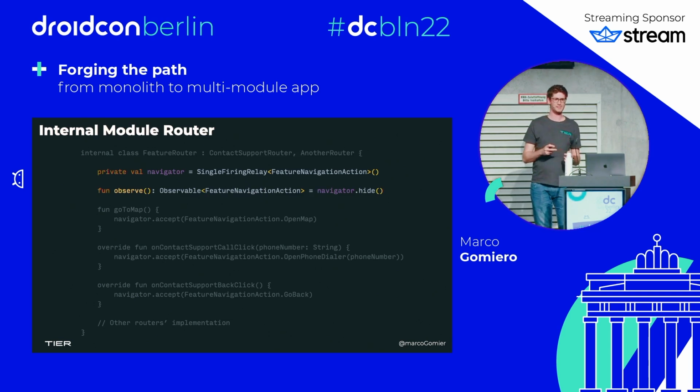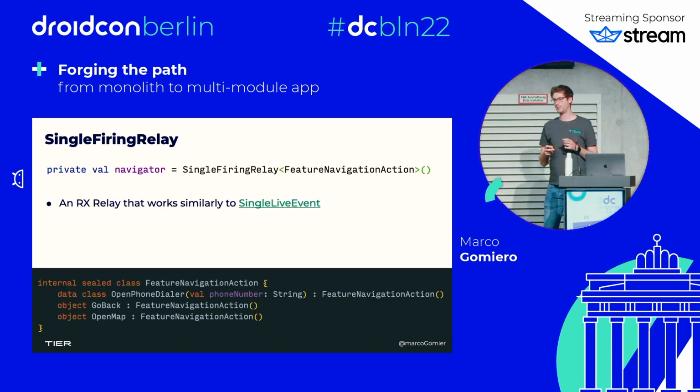And internally it is handled by a single firing relay, which is a custom relay implementation that we made that works similar to the single live event that, if you have used live data in the past, you probably have copy and pasted from some Google repository.